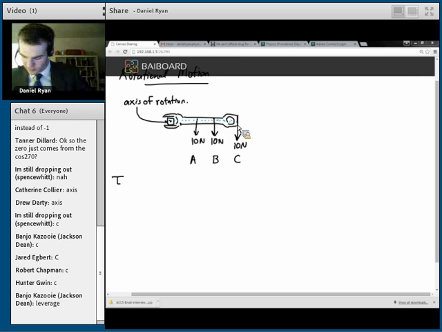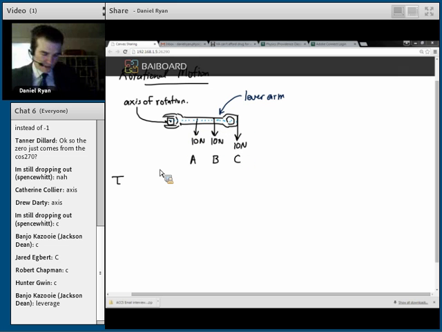I may have messed this up at the end of last class. Sorry about that. But this is what we call the lever arm. The longer the lever arm, the more effect it has. The fact that force C has a greater effect is an example of the concept of torque.